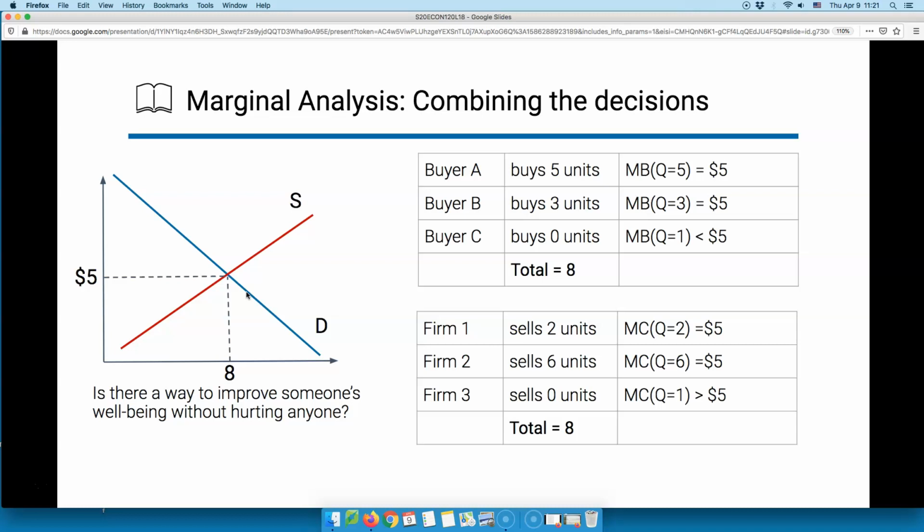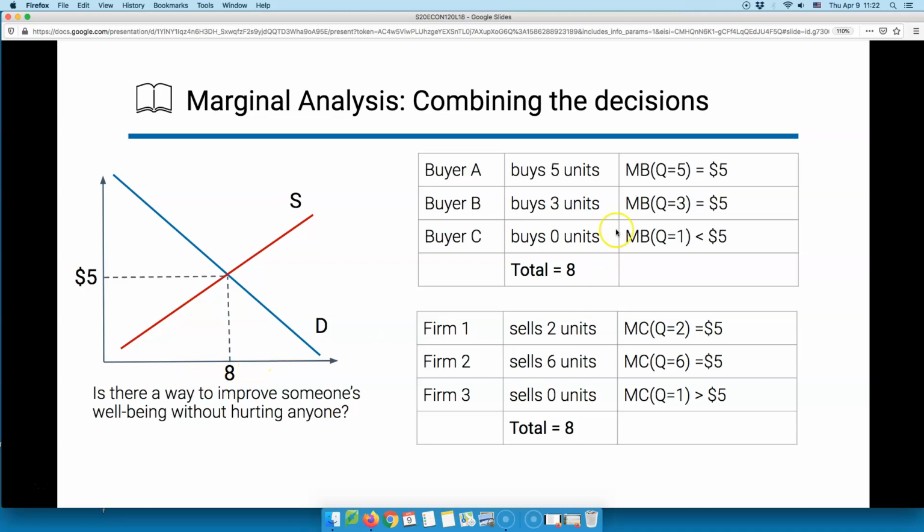So again, it will reduce net benefit generated in this market, because if we force the ninth unit to be produced, the firms will have to pay for it more than they would be able to get from the buyers for it. So no reason to produce less, no reason to produce more.